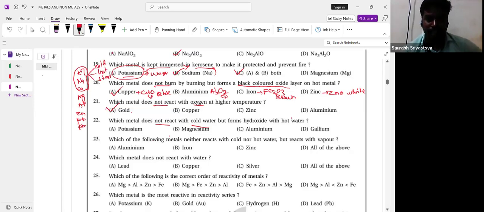But magnesium, aluminum, zinc, iron and these others won't react with the cold water. Now, what answer will you write? Magnesium won't react with the cold water, and aluminum also won't react with cold water. And gallium also won't react with cold water. Then potassium only will react with cold water. The reason is potassium is a highly reactive element.